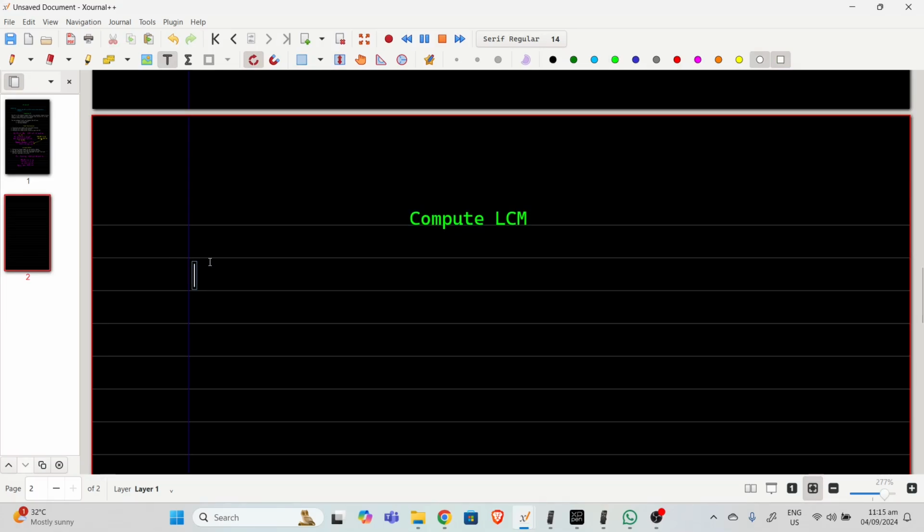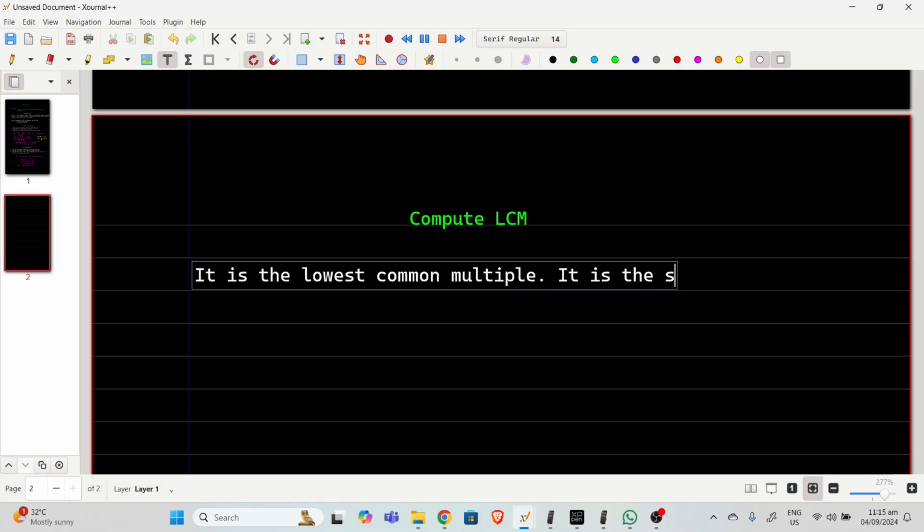So the LCM is the lowest common multiple.